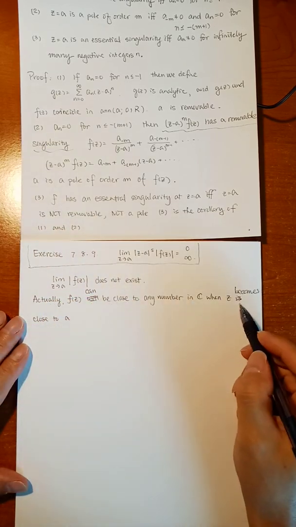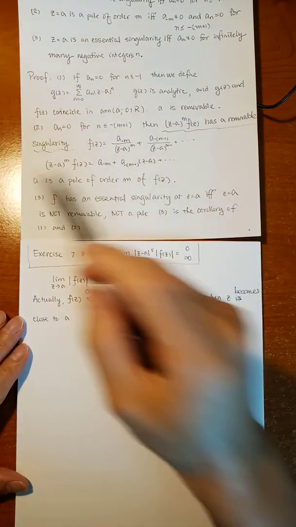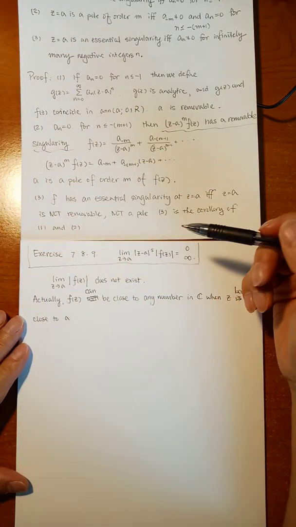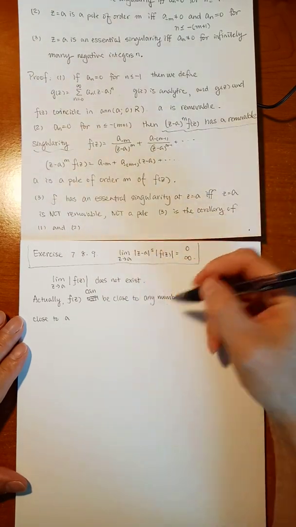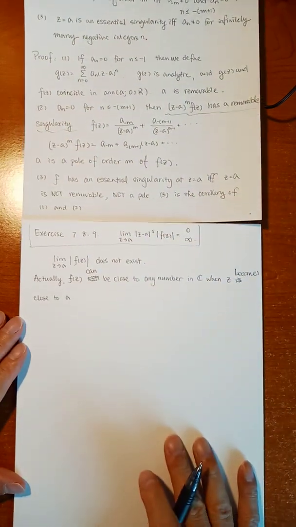So when z approaches a, this f of z really goes here, there, here, there. It can be very, very close to any other numbers. It can be close to all the numbers.